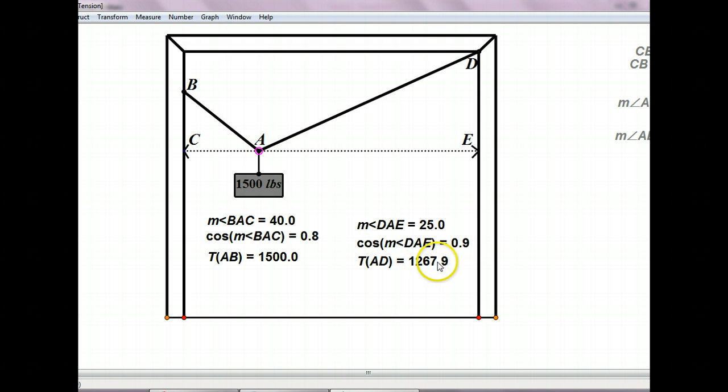Now my tension on the right side is less than the tension on the left, and the cosine is less on the left than it is on the right. So there seems to be an inverse relationship between the tension and the cosine of the angle, and a direct relationship between the tension and the angle measure itself. So let's take a look and see why that's happening.